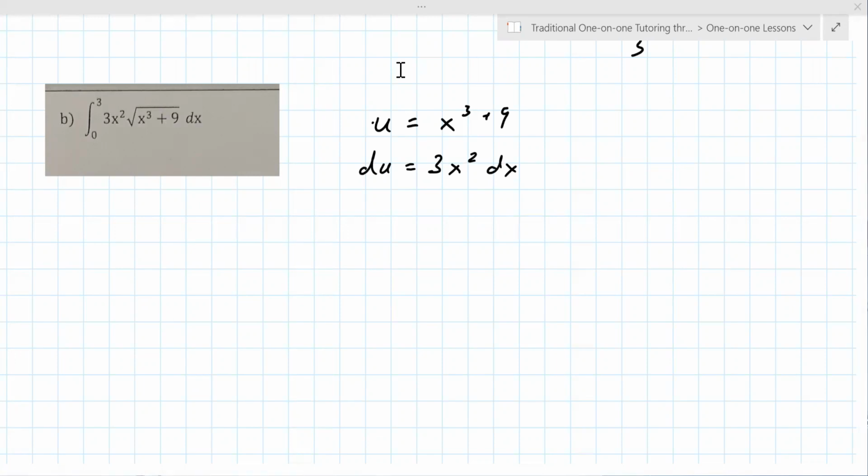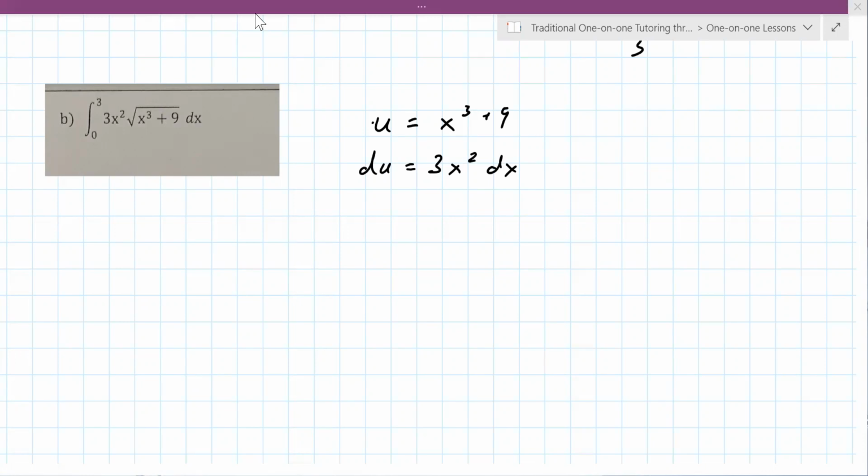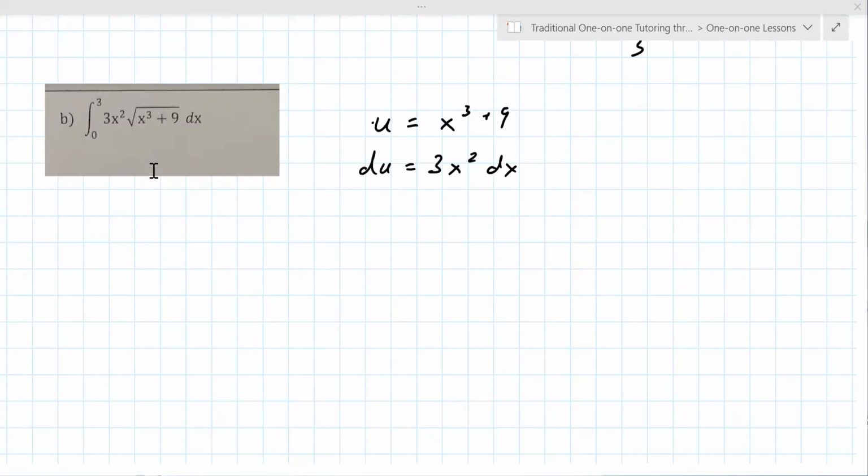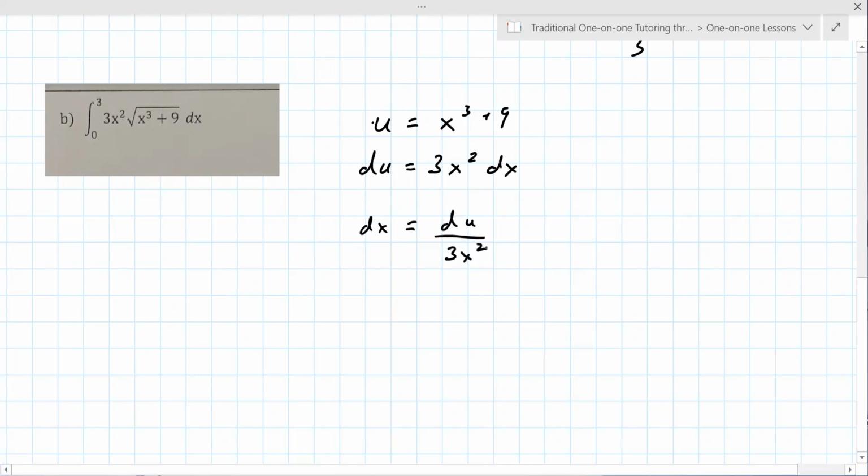I mean, there's a lot of u substitution problems, but that's why we're doing it this way. So you solve for dx in this case. So dx is du over 3x squared. And then again, we really should evaluate the two endpoints. So u of 0 is 0 cubed plus 9, which is 9.